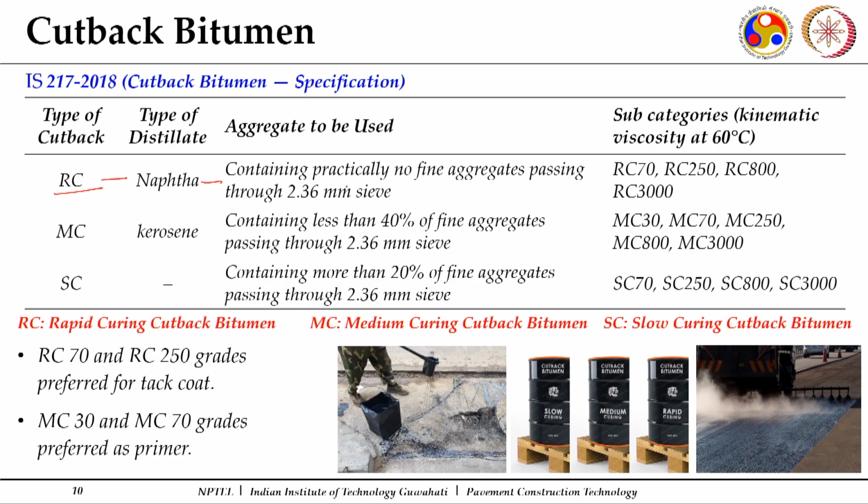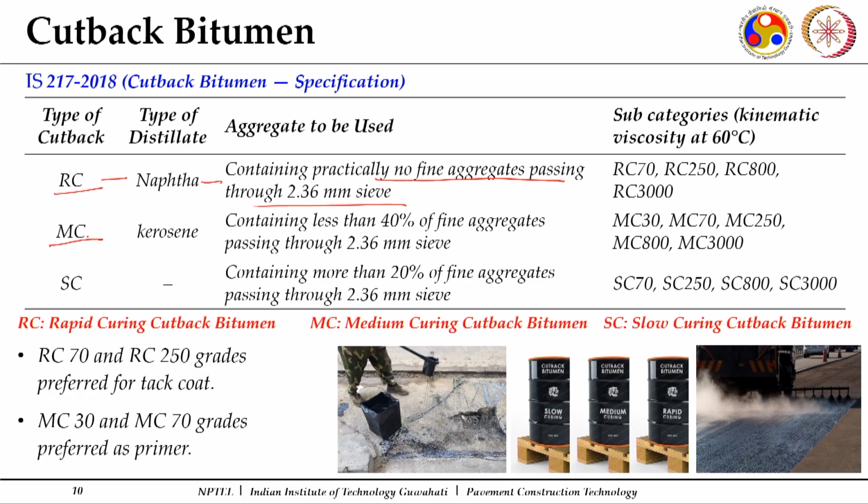This particular one is used when no fine aggregates are available. If you want to prepare a mix with a rapid curing cutback, because the distillate will evaporate very quickly, you will get very little time to work with it. So that's why you don't want very fine aggregates, because fine aggregates require more time for mixing because of their higher specific surface area.